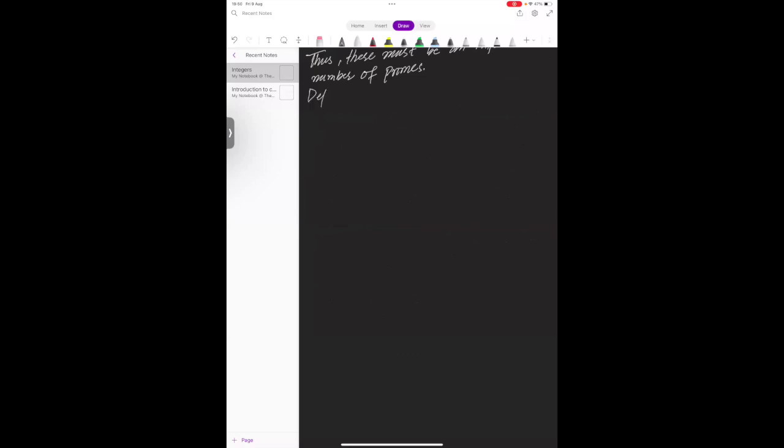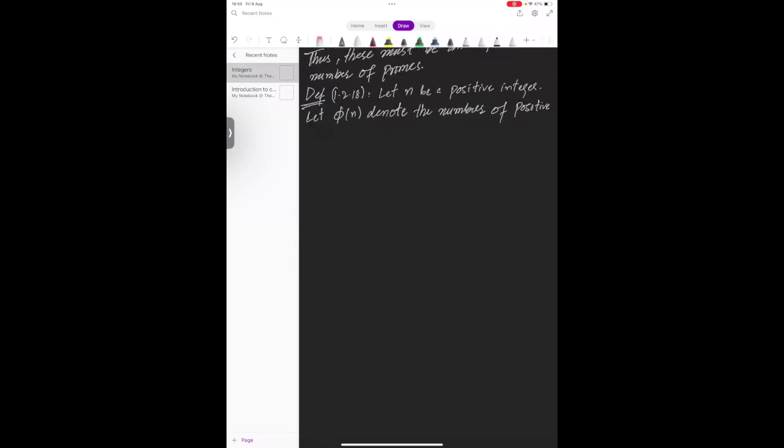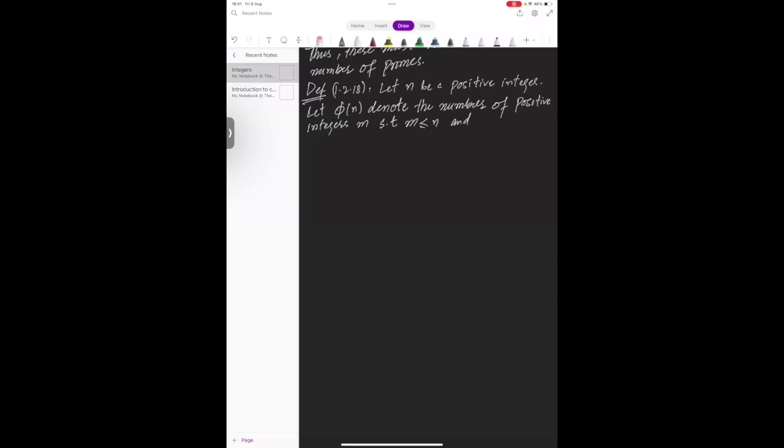Definition 1.2.18. Let n be a positive integer, and let phi of n denote the number of positive integers m such that m is less than or equal to n, and GCD of m, n is 1.